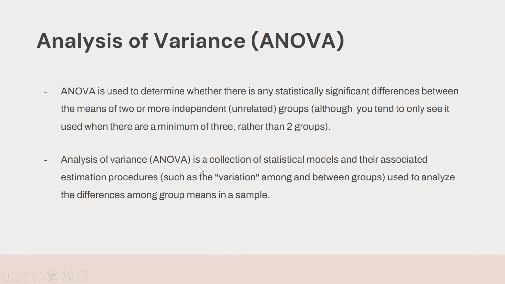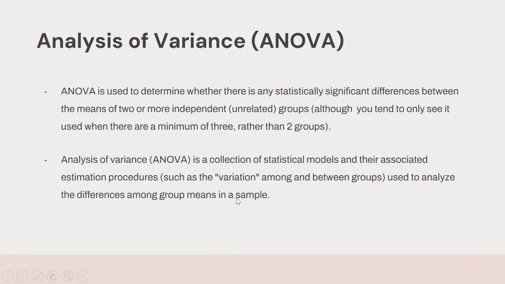So, analysis of variance is a collection of statistical models and their associated estimation procedures, such as the variation among the between groups. So, analysis of variance is used to analyze the differences among group means in a sample.